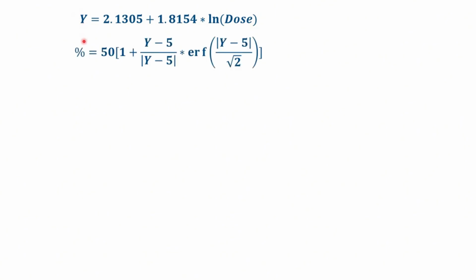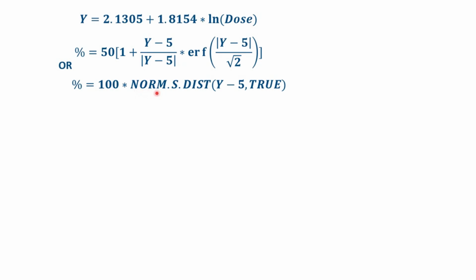And here's where we had this function that was presented, where I can calculate the percentage by plugging in y in probits and making this calculation. Again, this invokes the error function ERF, which is a function that I could use in Excel. Alternatively, you could use a function much like the one in Excel that I used to convert from percentages to probits.